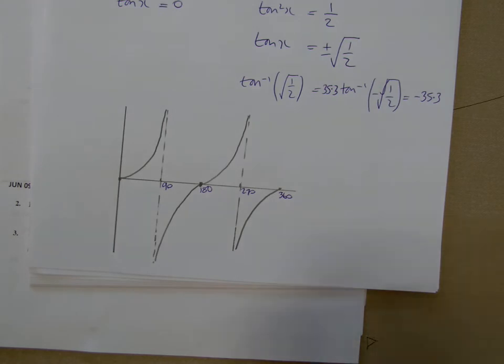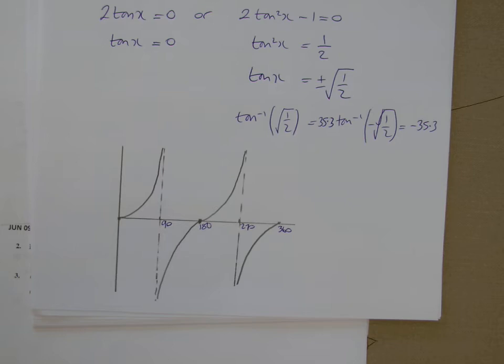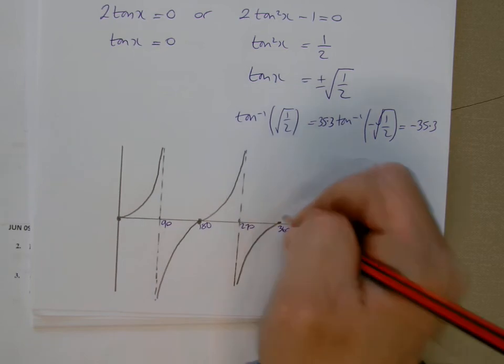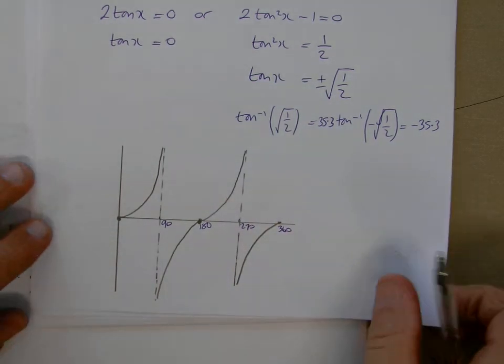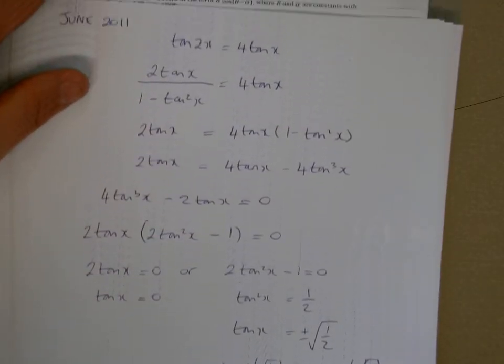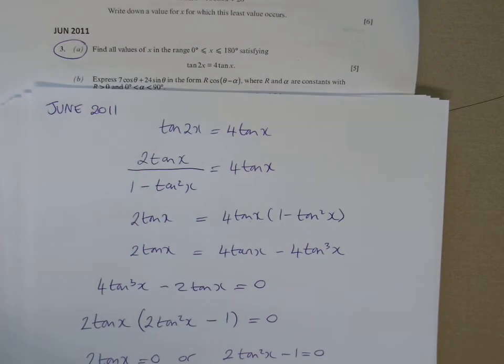Now, that one is easy to find, this first one here, because when it's equal to 0, we've got a number of results. We've got 0 degrees, 180, 360. But before I write my results, let's just check out the scale again in the question, because we need to see what they want the results between. And if you notice, it's between 0 and 180 in this instance.